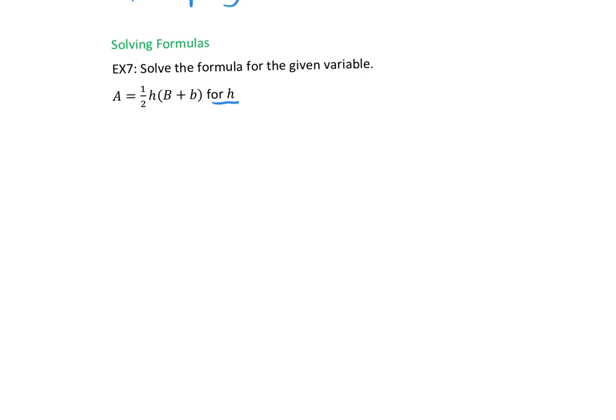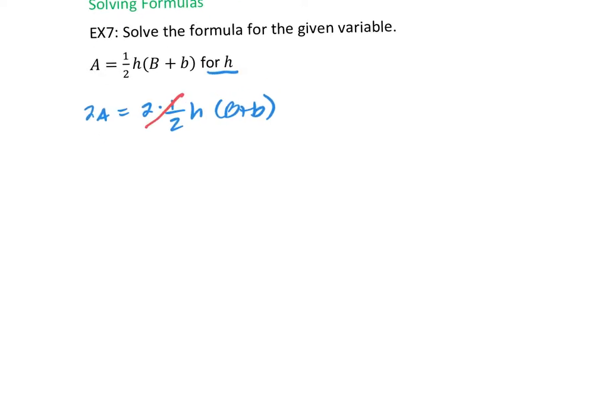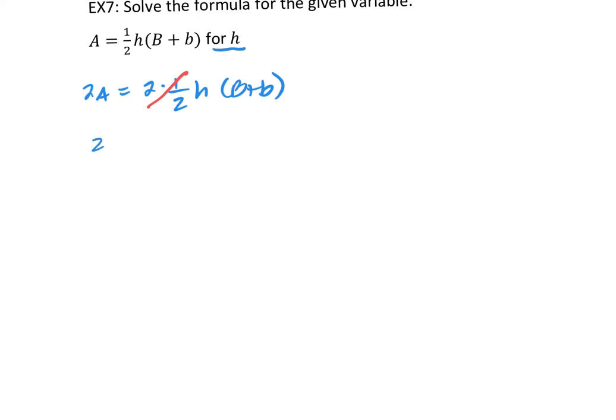I can multiply both sides by 2. So again, the goal is to get the H by itself. I can multiply both sides by 2 to get rid of the 1/2 on the right. And then the 1/2s cancel because that's just 1 times H, to get 2A equal to H times, in parentheses, big B plus little b.